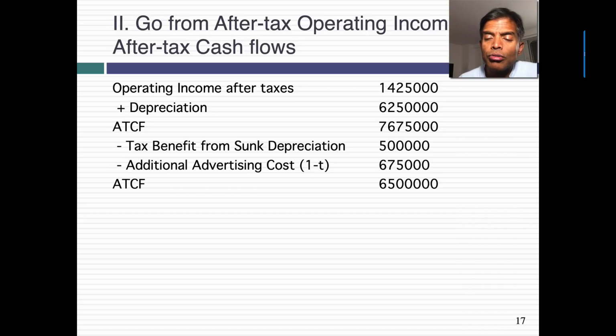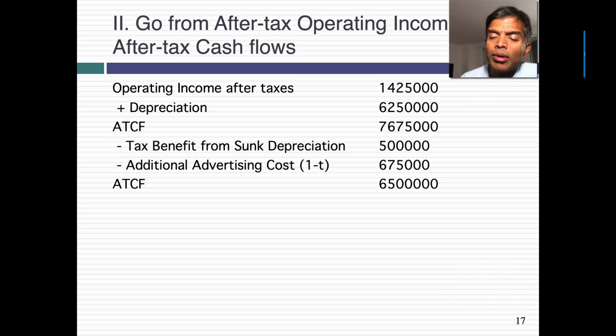I also looked at an allocated G&A expense of 1.375 million, which was lower than my actual incremental G&A. So it's actually the reverse of what you saw in the Disney case, where I under allocated. Here I've over allocated the expense. So I subtract out what I should not have allocated. So basically, in this case, I subtract out the additional amount I need to bring in here.